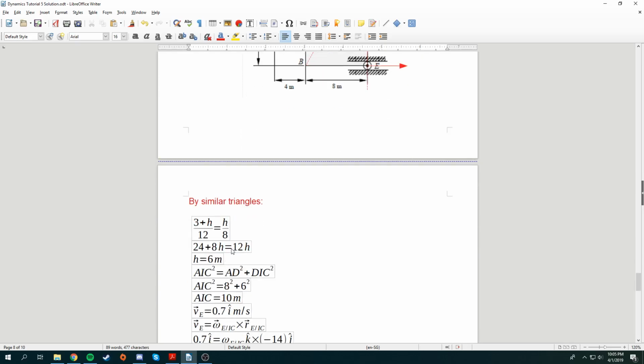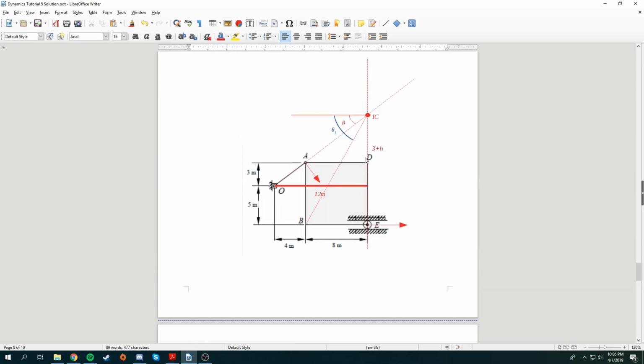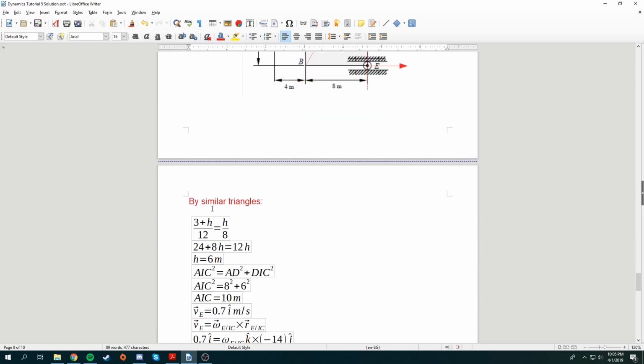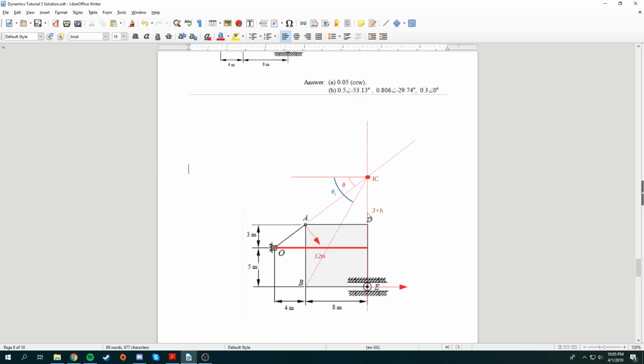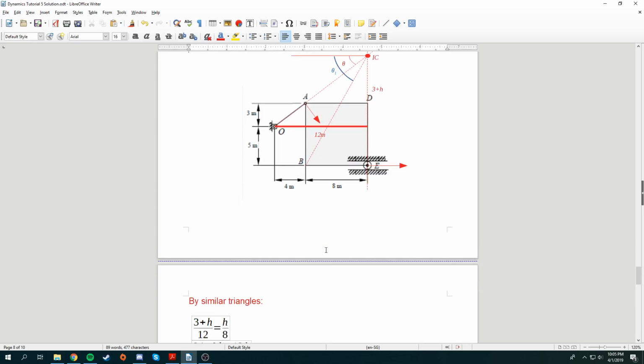By similar triangles, I name this length over here, from IC to this red line, as 3 plus H. So 3 plus H over 12 meters, Y over X, is equal to this Y, which is H, over X, which is 8 meters.